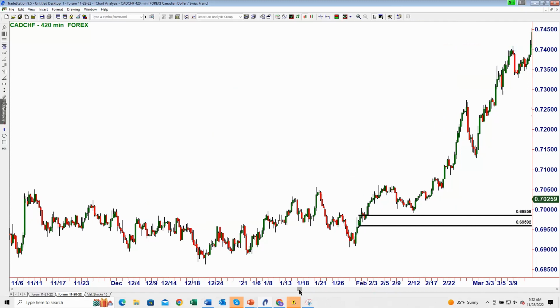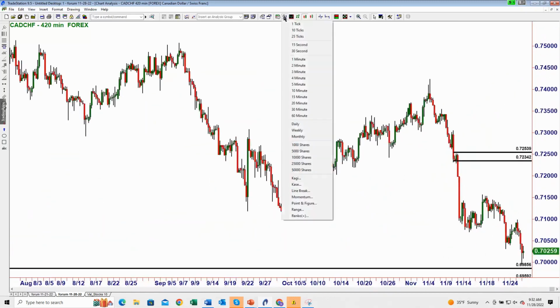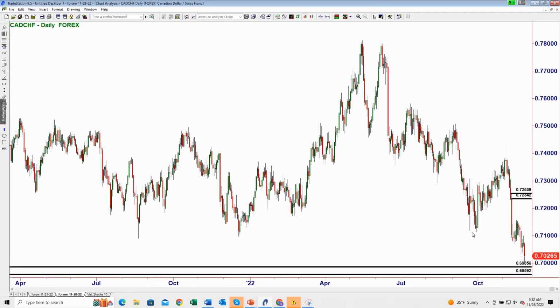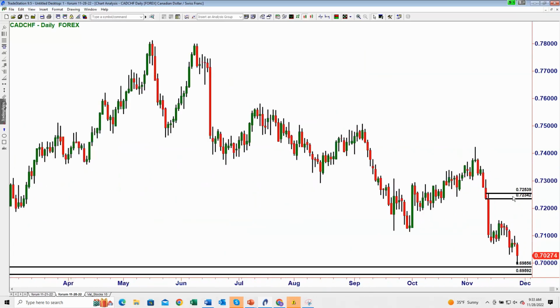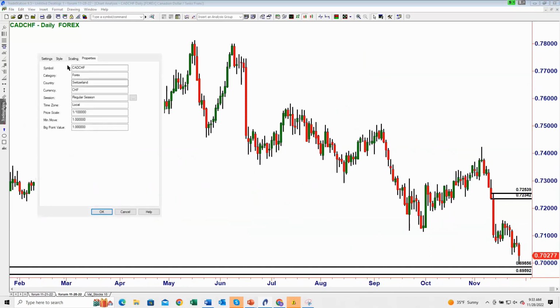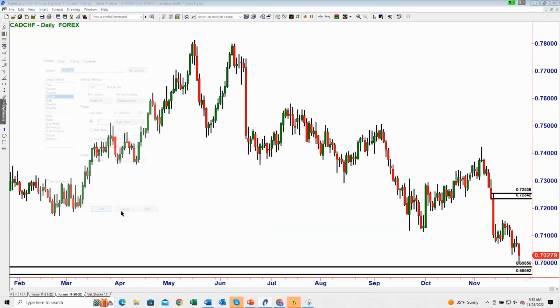Okay. So now if I bring this over, I'm just going to make this a daily chart just for a minute so we can see both sides. Okay. So you can see that's a big profit zone. So potential for a pretty big range here in this market. And there's those prices. Okay. Now let me just make this the chart it was. This is almost a daily chart anyway.